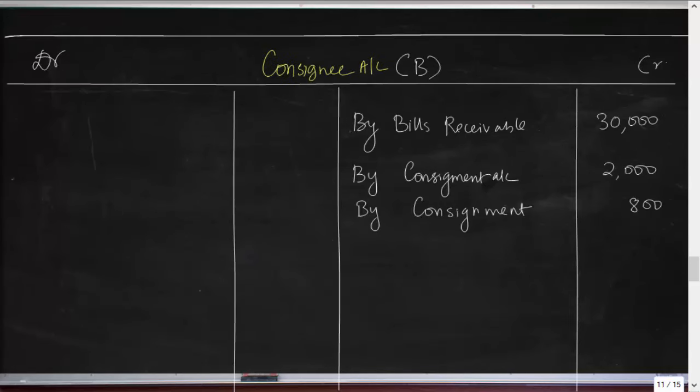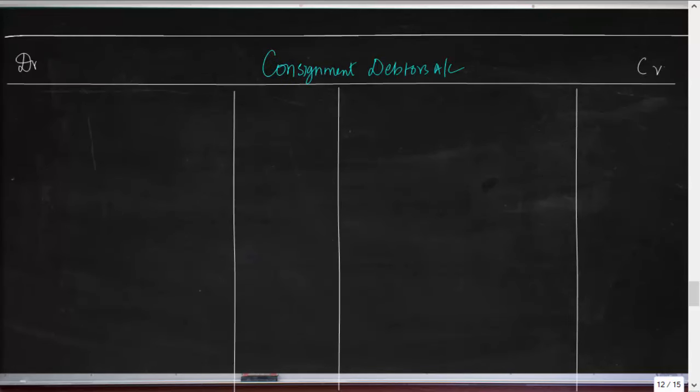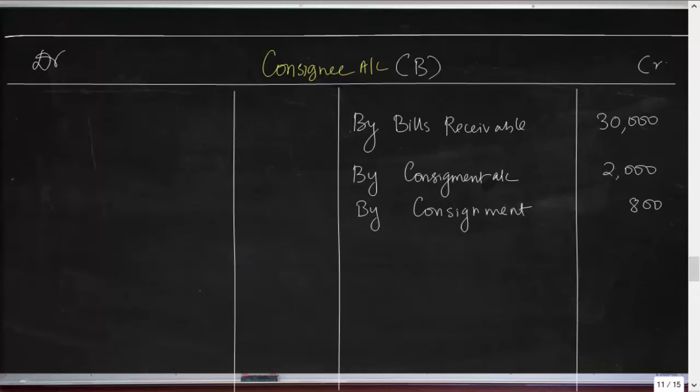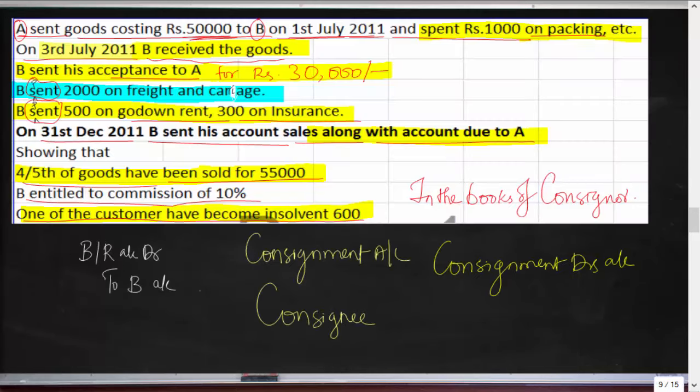Let's go to consignment debtors account and we'll say to consignment account, what is the value? 55,000. So the consignment sale aspect is addressed, but this entire 55,000 is not going to come. So let us not credit consignee immediately because we have to see whether there is any default.